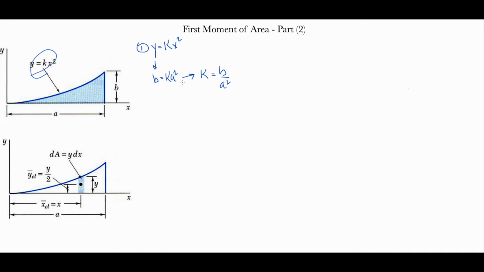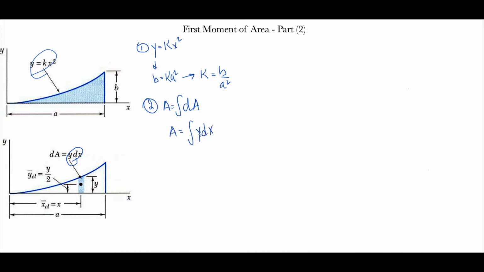Okay, then let's find the area for the whole curve. Area is equal to the integration of dA. Now replacing dA with y dx, because we are integrating with respect to dx, the area will be equal to the integration of y dx.